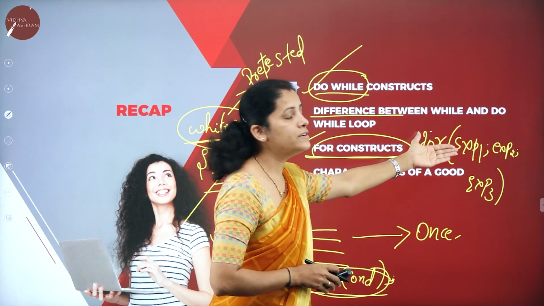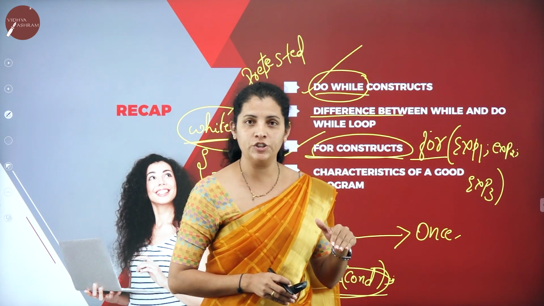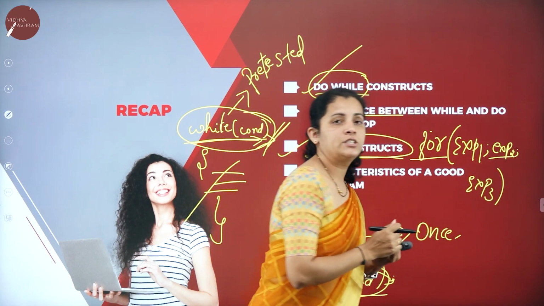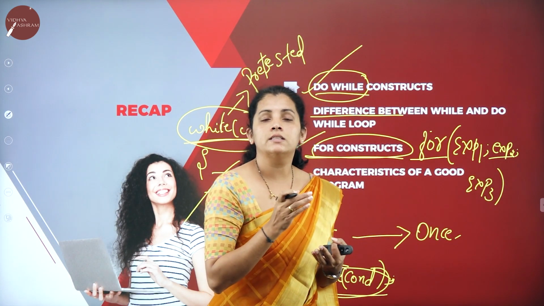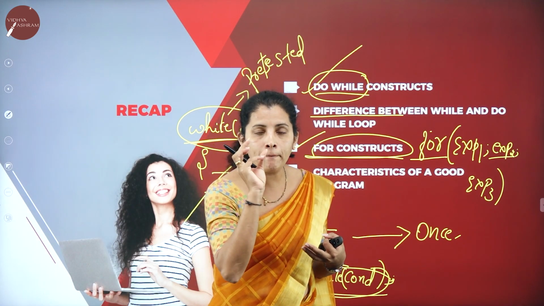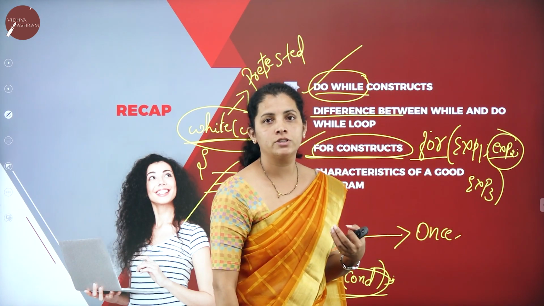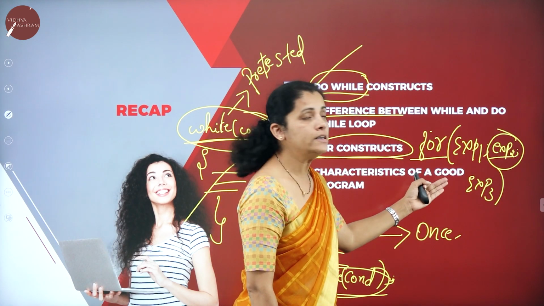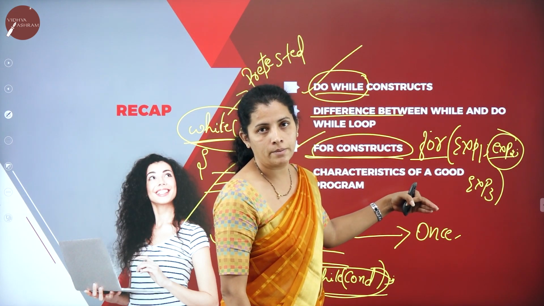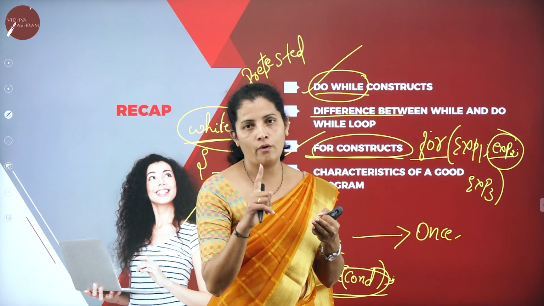What is my first expression? That is the variable initialization. The next, expression 2, is the condition. Whatever condition I want to apply should be written in place of expression 2. The third expression is increment or decrement. So these are the 3 important parts of a for loop.